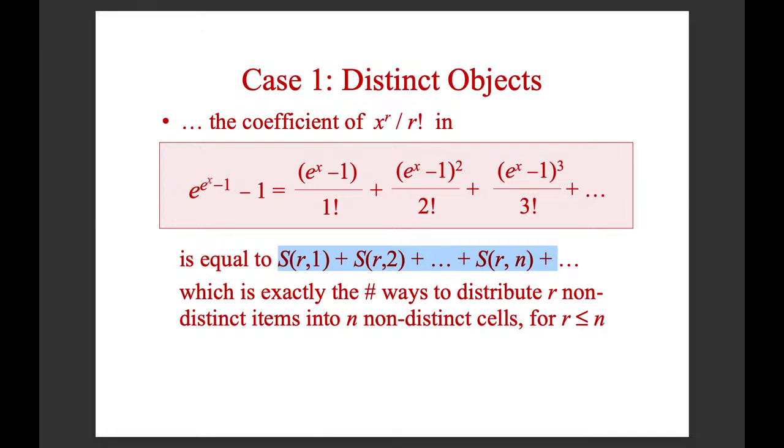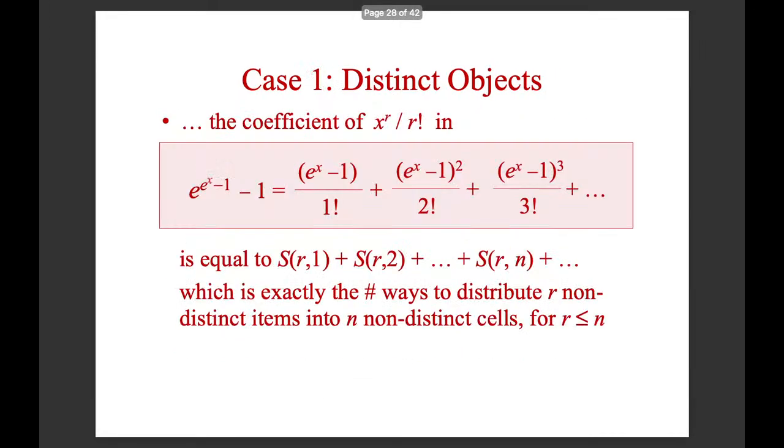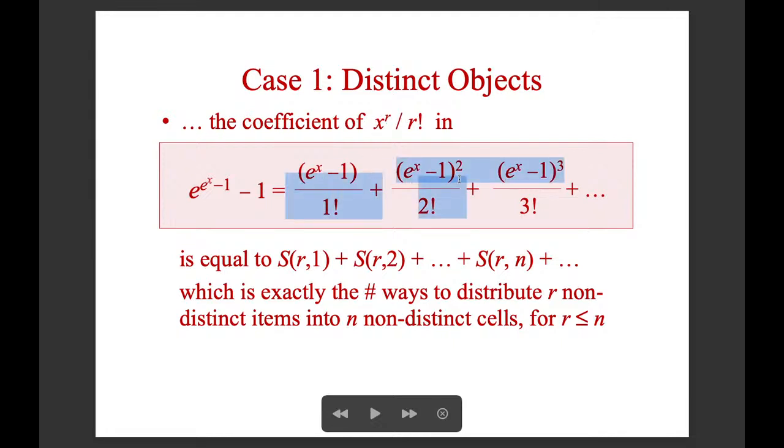Suppose that this time we have r less than or equal to n. If r is less than or equal to n, then what will happen? We will have a bunch of terms here that in the end will be 0. Then this will be equal to exactly this one. So for the case when r is less than or equal to n, the value of the summation will be equal to the coefficient of x^r divided by r factorial in this expression.